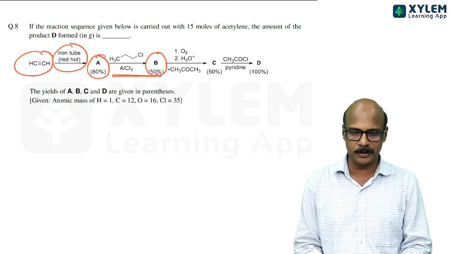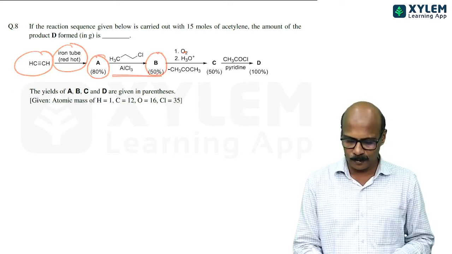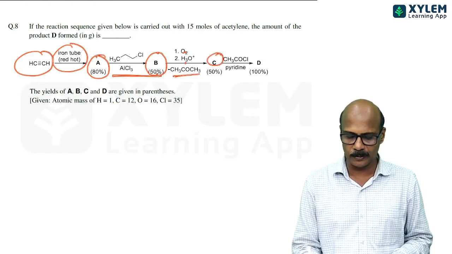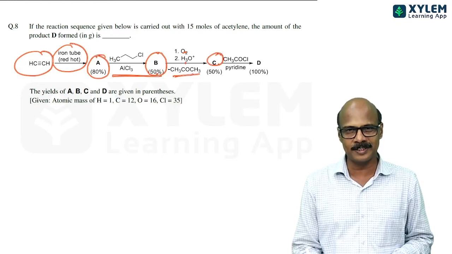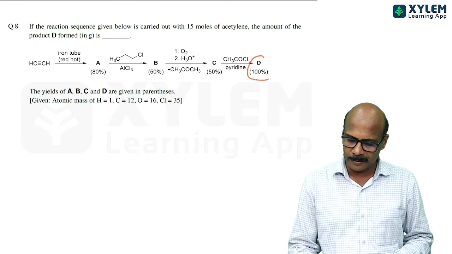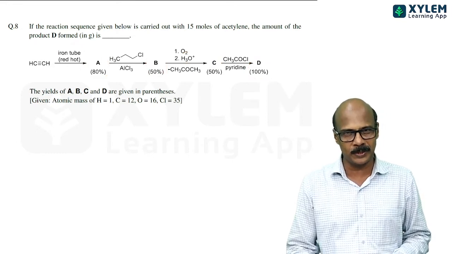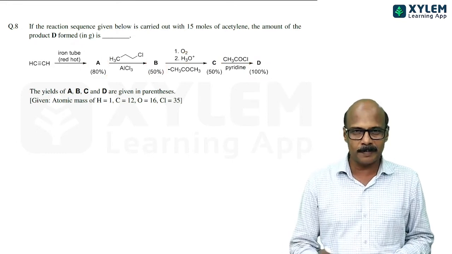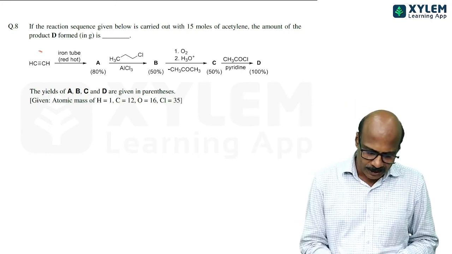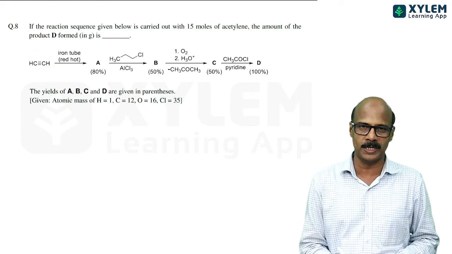This is subjected to atmospheric oxidation followed by acid hydrolysis, resulting in phenol and acetone. When this phenol is treated with ethanoyl chloride, you will get phenyl ethanoate. No doubt the final product here is phenyl ethanoate. Now, let me find out the mass of phenyl ethanoate finally obtained. You are initially taking 15 mole acetylene.